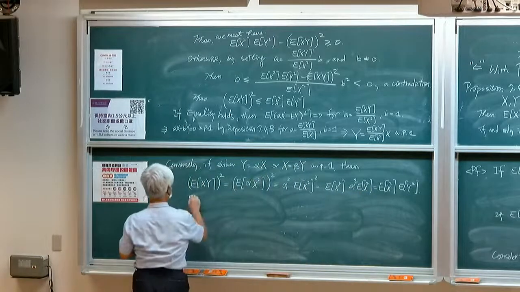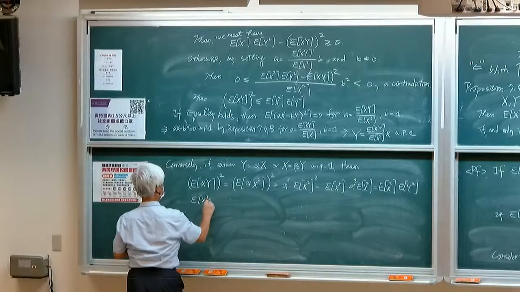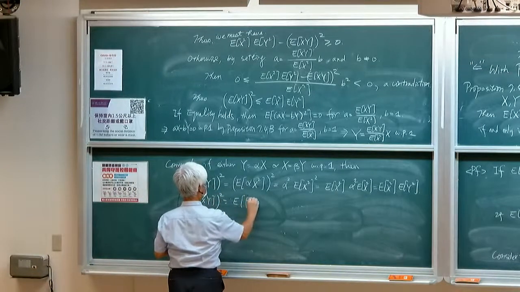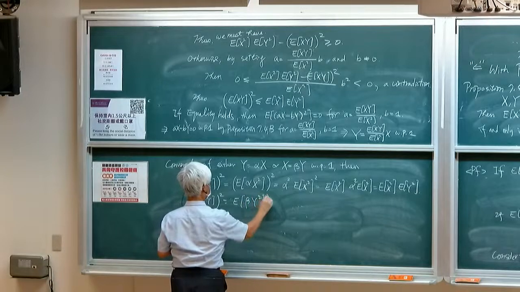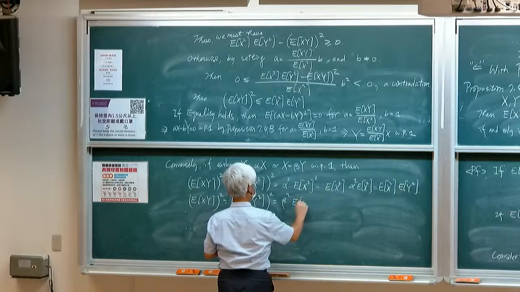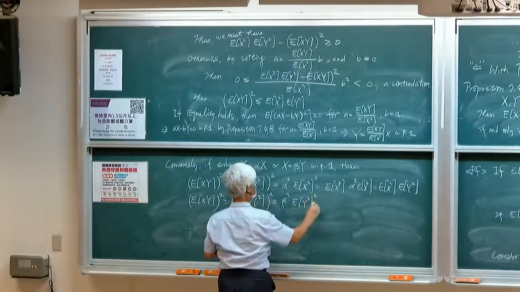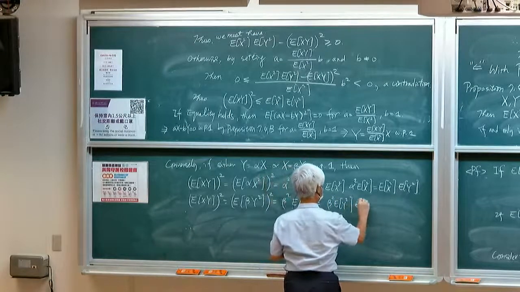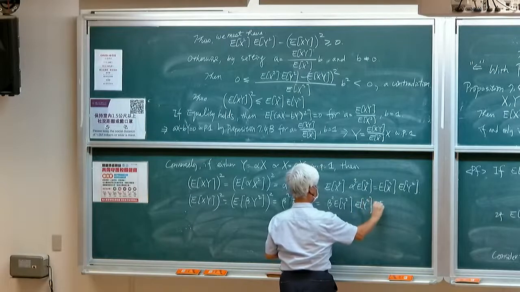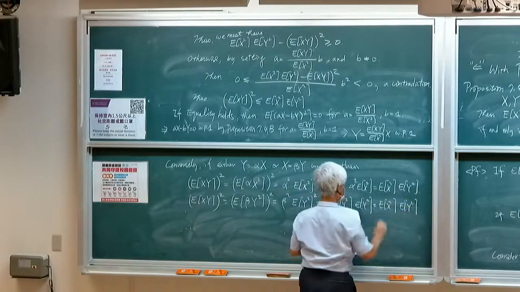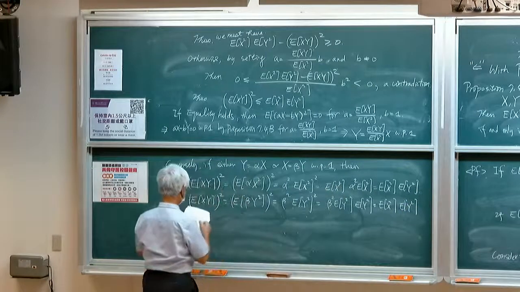For this case, it comes to beta y squared. So it's beta square times this, so we show the equality directly.